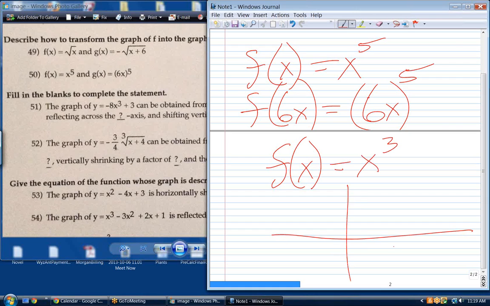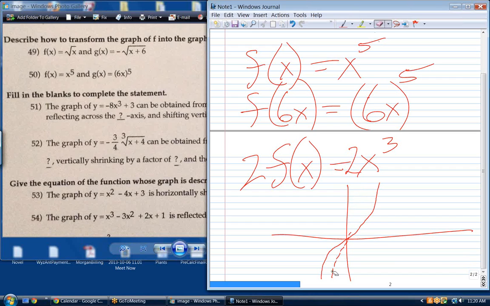If I plot x cubed, it looks something like that. And if I said, what is 2x cubed? By a 2, I mean there. That's going to be a vertical stretch because that's the same as 2 times f of x. So that would have the effect of making it narrower and skinnier because that would be a vertical stretch.